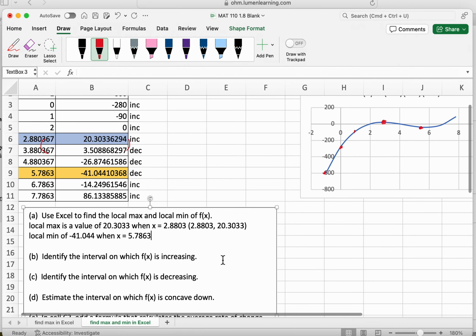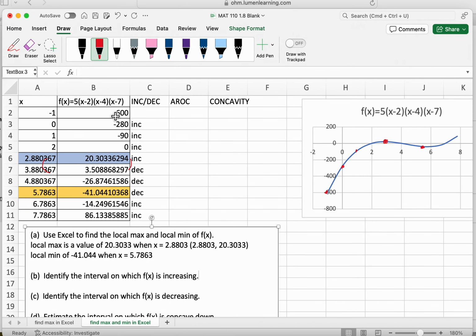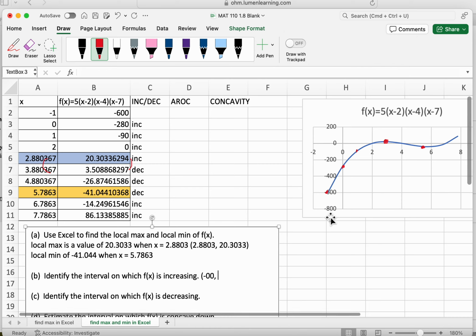All right, so let's find where the function is increasing. So here, right, I know that it's increasing all the way up until my maximum. Okay, so I found where my actual maximum was is an x value of 2.88. If I want to write the interval, I'm from negative infinity, because this is a polynomial, this function keeps traveling downward.